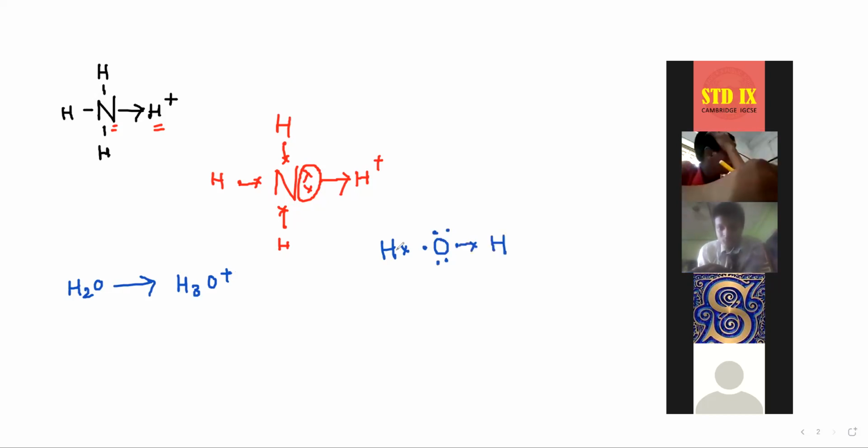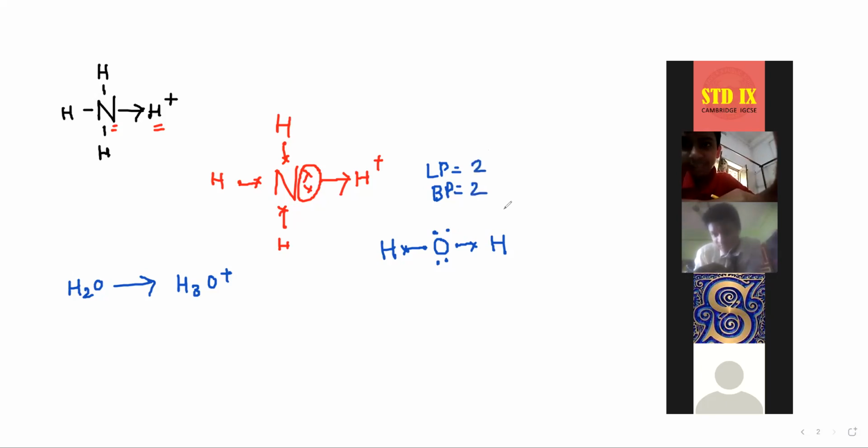Having a look at the diagram, Simon, can you tell me how many lone pairs and how many bonded pairs are there? How many LP and how many BP? Sir, I will say 2 LP and 2 BP. Very good, yes, 2 LP, 2 BP.